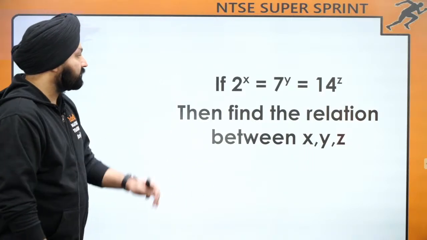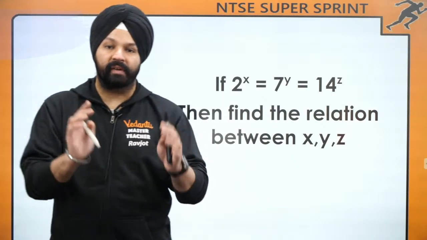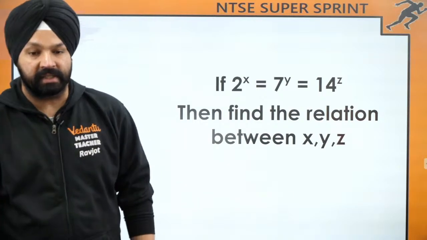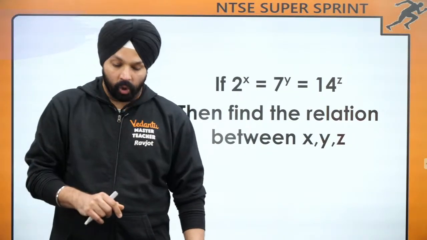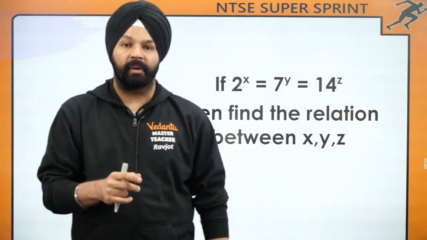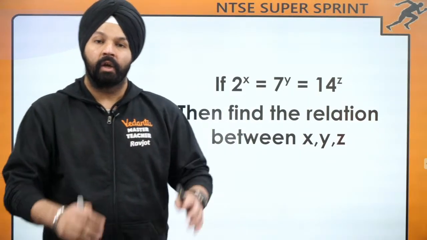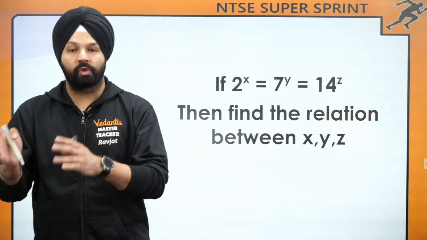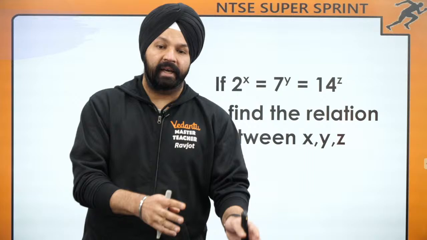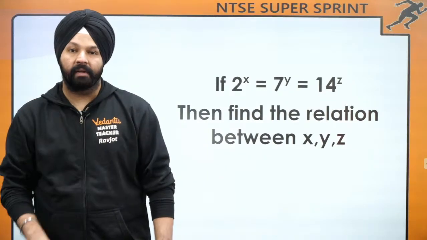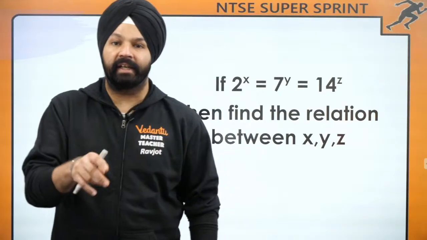So the question is, if 2 raised to power x equals 7 raised to power y equals 14 raised to power z, then what is the relation between x, y and z? So it is obvious, in the paper you get options like 1 by x minus 1 by y equals 1 by z, 1 by x plus 1 by y equals 1 by z, 1 by x plus 1 by y equals 2 by z, or it may be x by z equals 1.